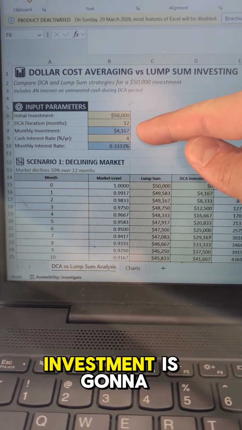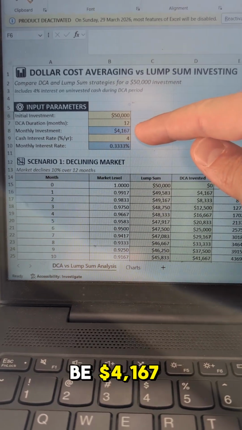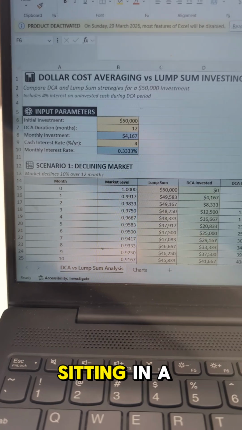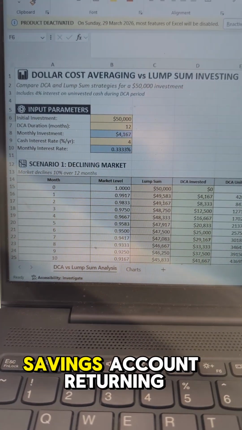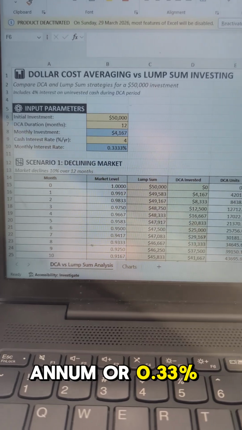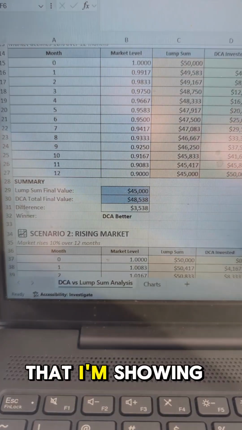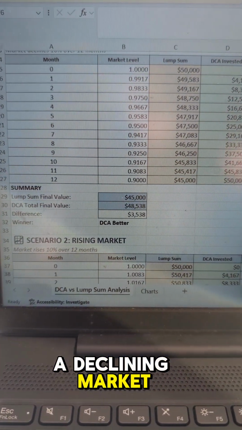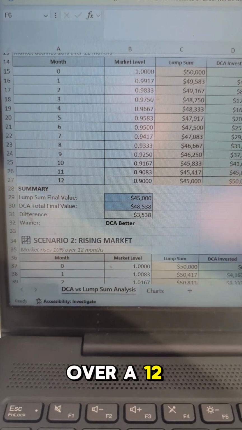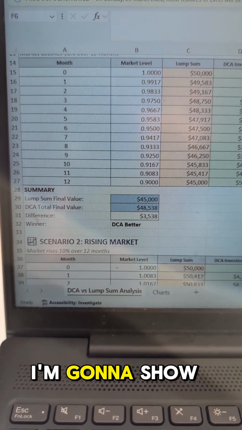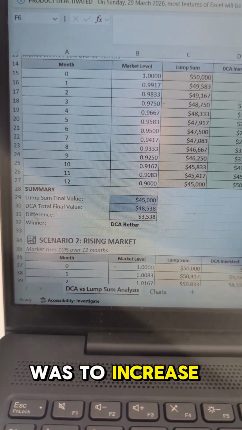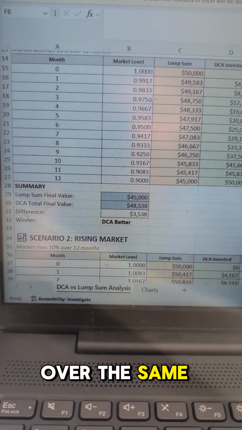So our monthly investment is going to be $4,167, and we've actually got our money sitting in a high interest savings account, returning us 4% per annum or 0.33% per month. That I'm showing you is in a declining market where the market has declined 10% over a 12-month period. In a second, I'm going to show you another scenario of if the market was to increase in value the same amount over the same period of time.